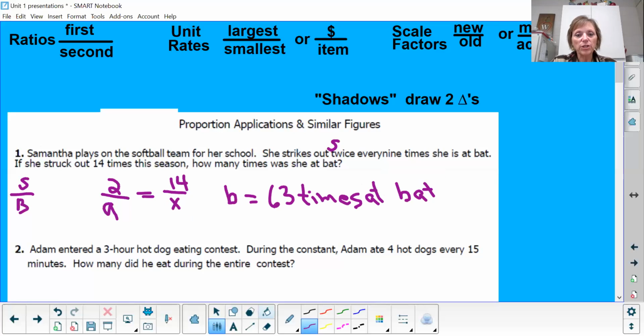Okay, so let me change this to a B so they'll all match. Okay, now going on.